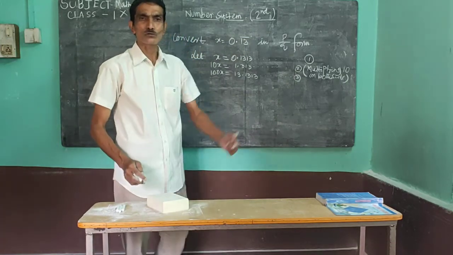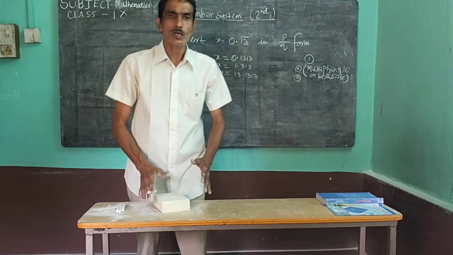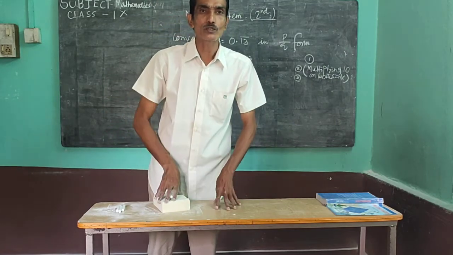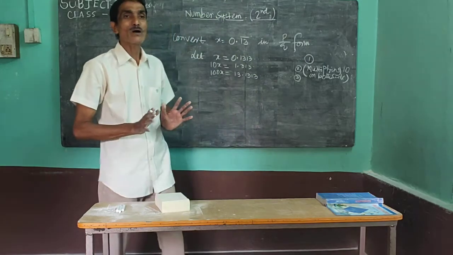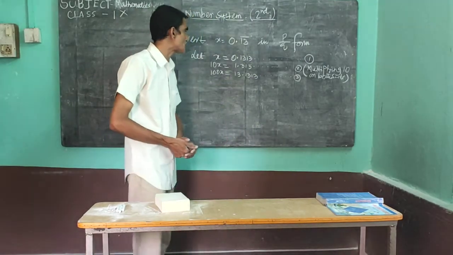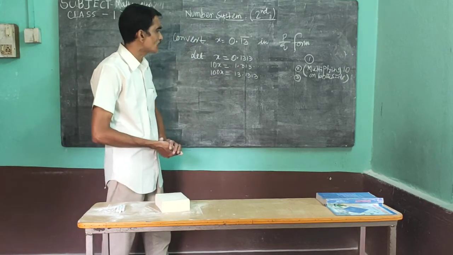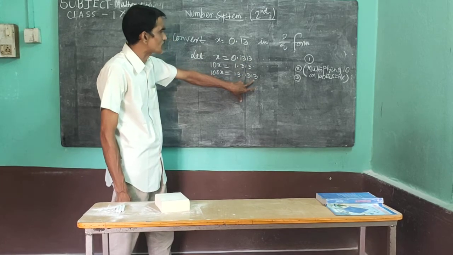So should I keep multiplying 10 on both sides, or stop at some point? That is the big question. Where should I stop multiplying? There is a trick you have to see. When multiplying, look at the decimal part on the right-hand side.